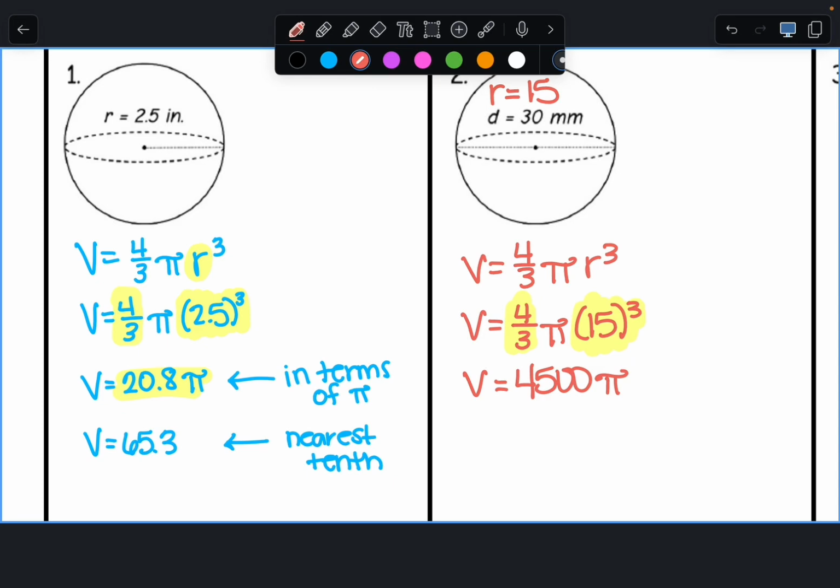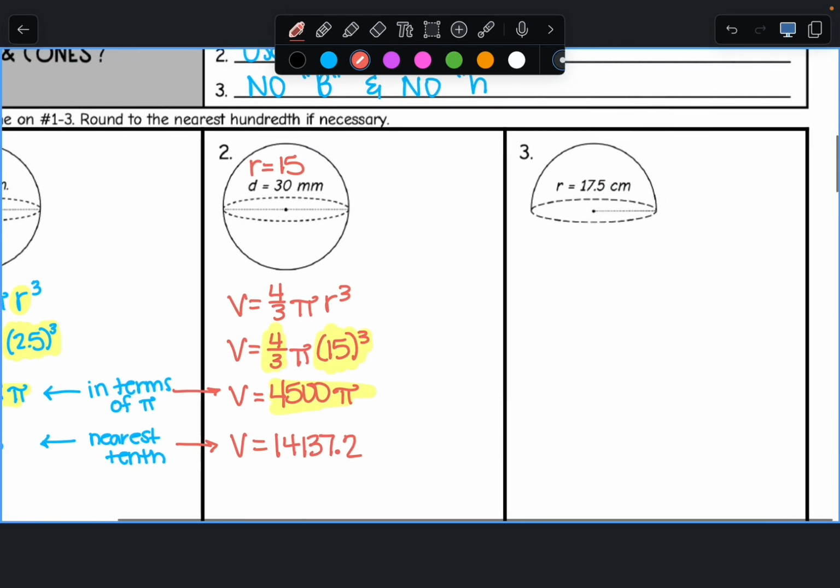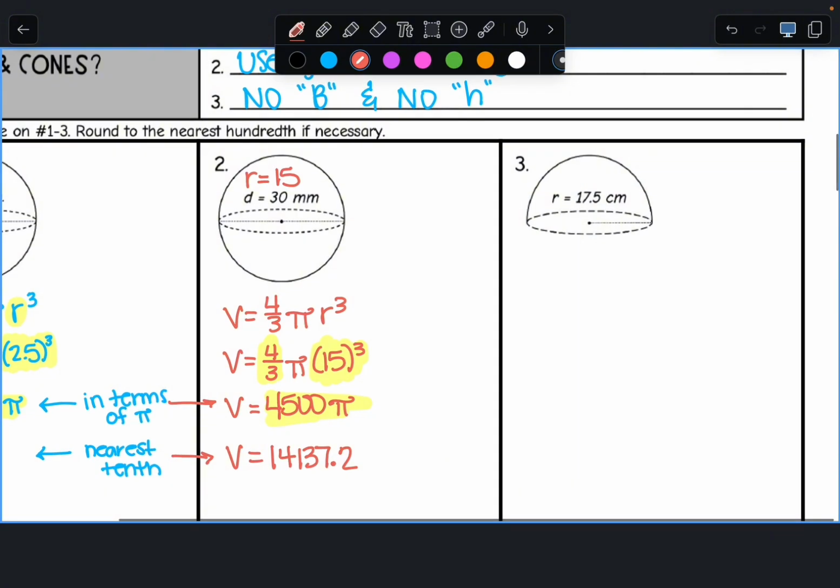All right, so now type everything so you can get it to the nearest 10th. 14,137.2.